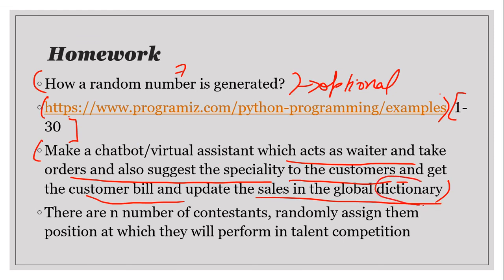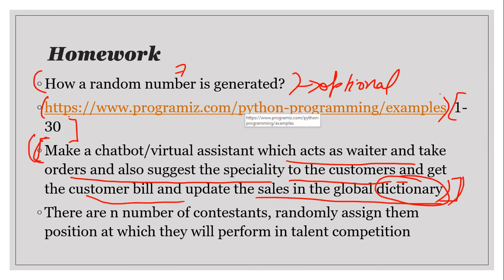Or you can take any other data type. So that is open. It's up to your imagination, creativity, your flexibility. You can choose any data type. You have to make a scenario like this.